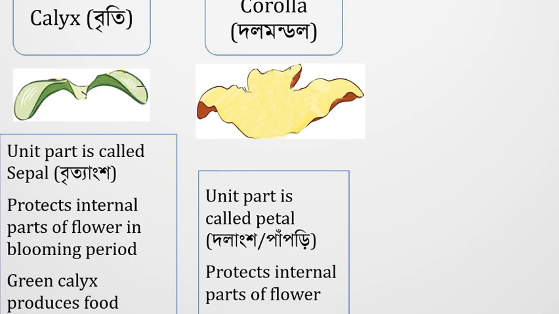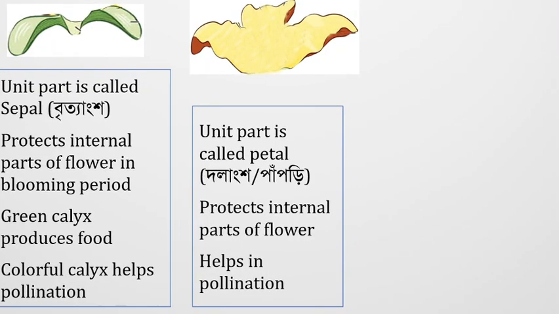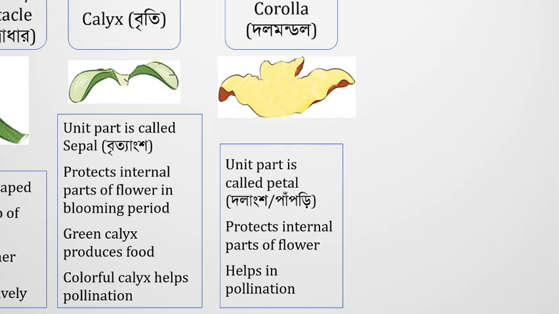Internal parts means the androecium and gynoecium. It also helps in pollination by producing different attractive colors so that it attracts insects and animals. In this way, by attracting the pollinators, it helps in pollination.